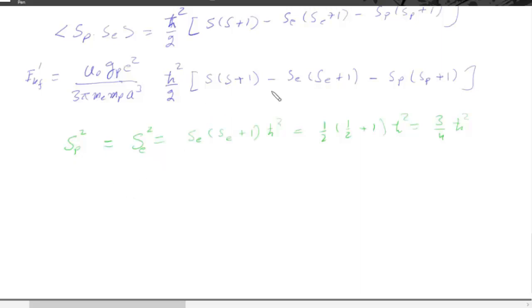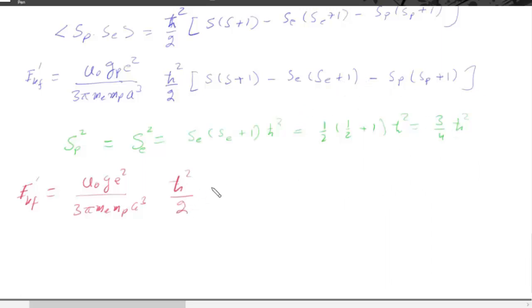Then we can put here this value. Okay, and then we can write here E_HF¹ is equal to μ₀ g_p e² divided by 3π m_p m_e a³, and then this value. Okay, this is equal to ħ² divided by 2. ħ² is taken common here.